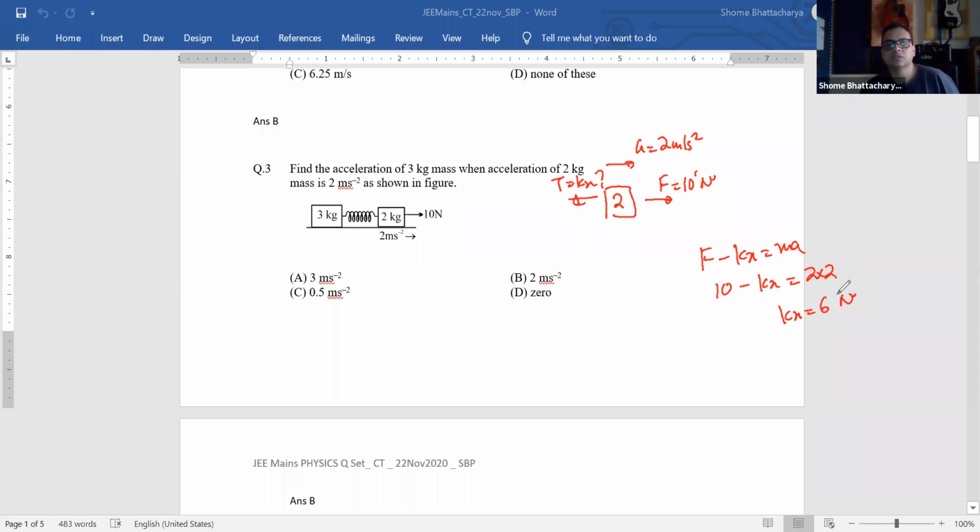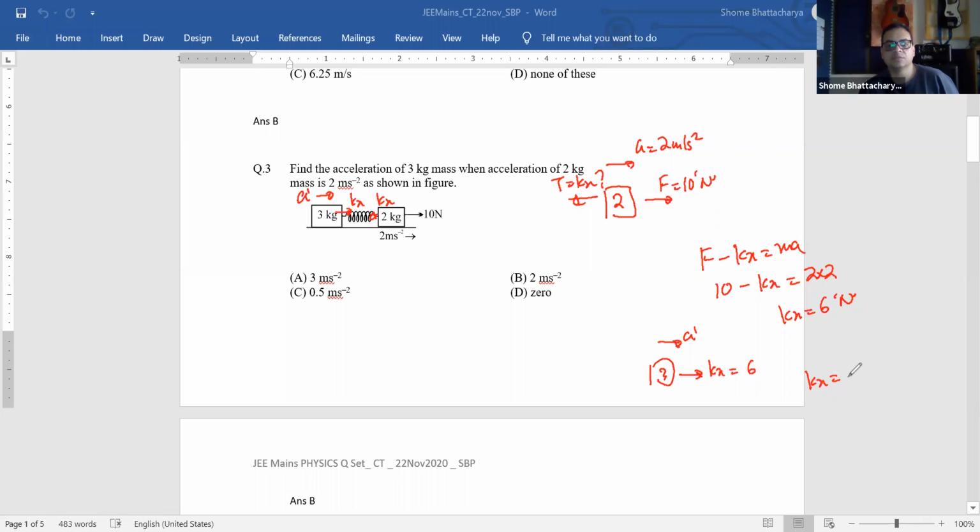So that spring force is how much? It is 6 newtons. So now you see the 3 kg block. On this Kx will be acting like this. So this will have an acceleration, say something else, A prime. So the 3 kg block, it has spring force of 6 newtons and some unknown acceleration A prime. So you can find out that unknown acceleration. Okay.